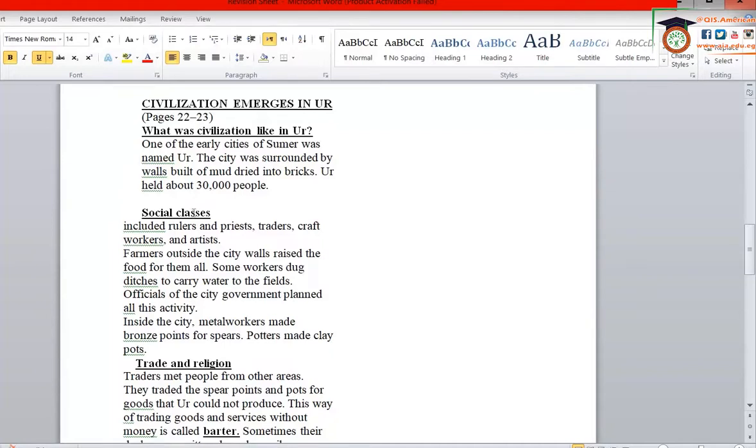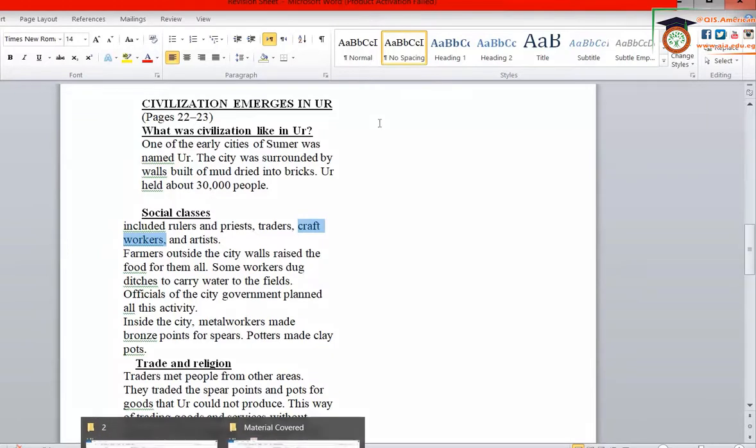So social classes at that time in Sumer: number 1, rulers and princes, of course. 3, traders. So 1, 2, 3. Number 4, craft workers. Do you remember the picture that I already provided you with?